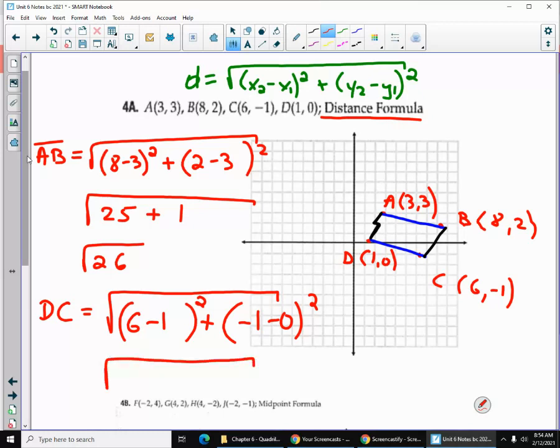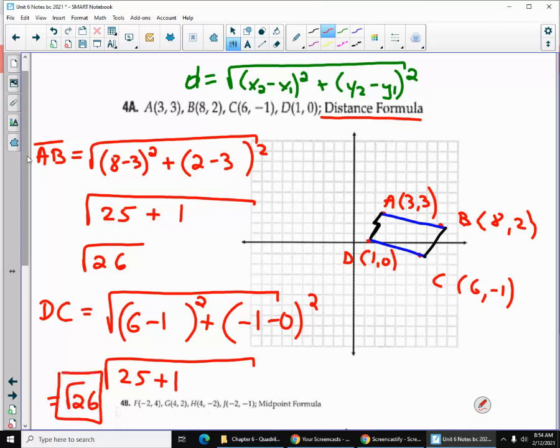Again, 6 minus 1 is 5. 5 squared is 25. Negative 1 minus 0 is negative 1. Negative 1 times negative 1 is 1. And again, I had radical 26.